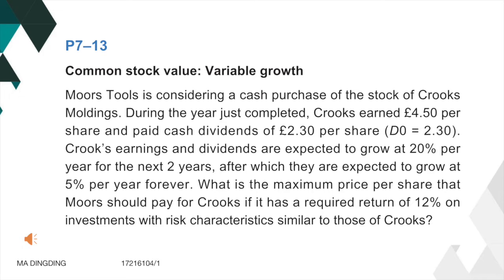Crocs earnings and dividends are expected to grow at 20% per year for the next 2 years, after which they are expected to grow at 5% per year forever. What is the maximum price per share that Monos should pay for Crocs if it has a required return of 12% on investments with risk characteristics similar to those of Crocs?